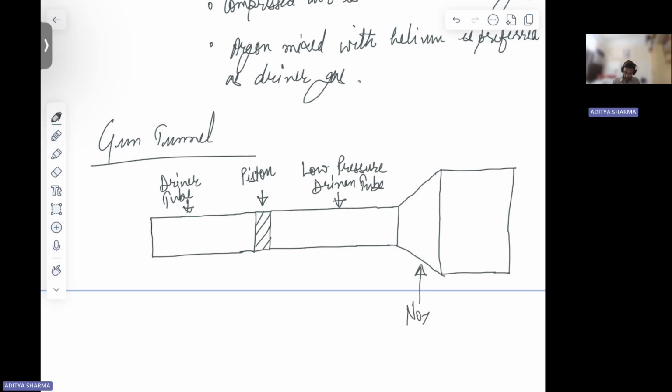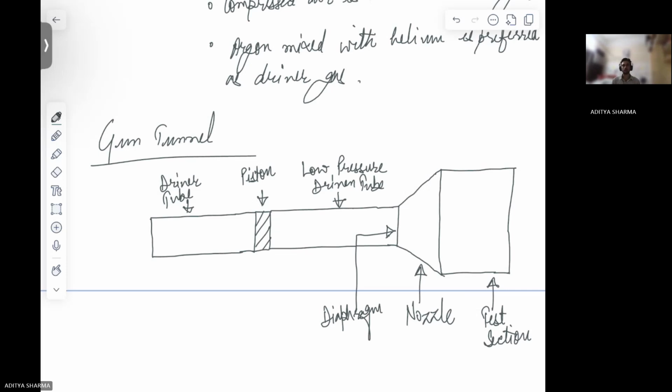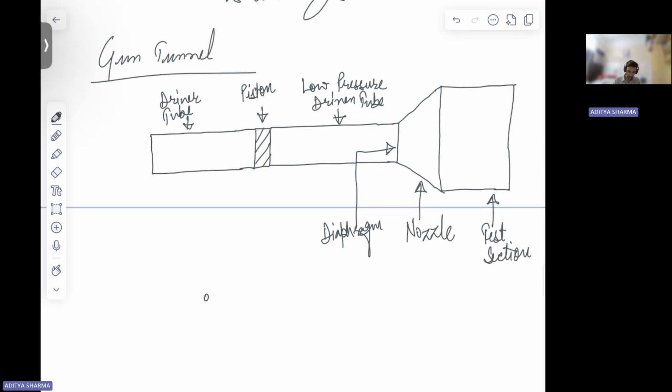This is your nozzle, and this is your test section. So this setup is used to produce hypersonic flows.